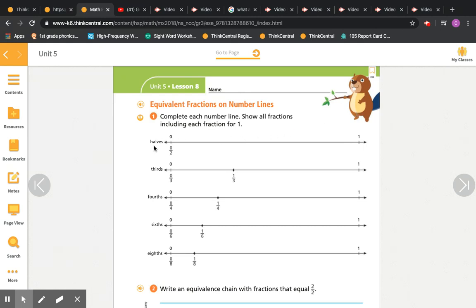The first one is asking me to divide into halves. So if I have a number line that goes from 0 to 1, I'm guessing that 1/2 would be over here. I'm trying to be as exact as I can in my divisions, okay?